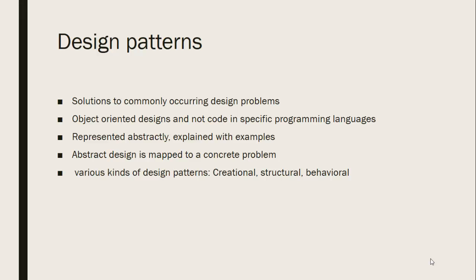They are object-oriented designs and not code in a specific programming language. Design should be represented as an abstract and should be explained with examples. And then the abstract design is mapped to a concrete problem. We can use various kinds of design patterns, like creational, structural, or behavioral designs.